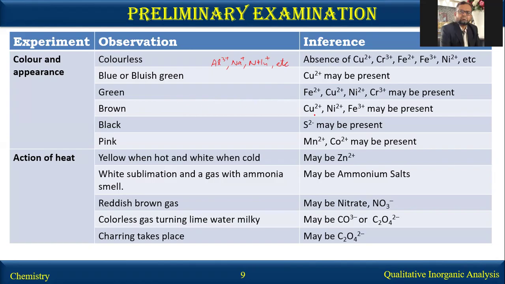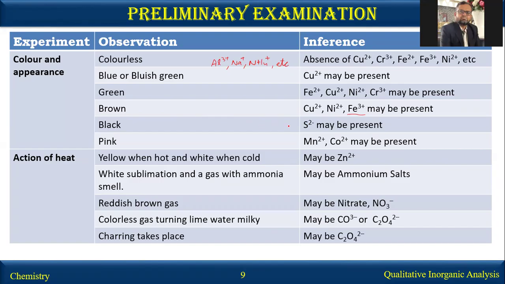If it is brown, then a few compounds of copper are brown. Some compounds of nickel are also brown, and iron itself is brown in color and gives a yellow brown solution in aqueous condition. If the compound is black, then there would be sulfide. There is an idea about the negative ion, but remember that sulfide is usually not performed.